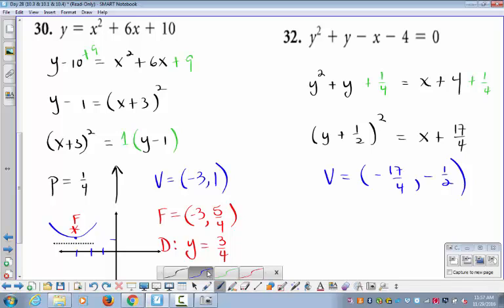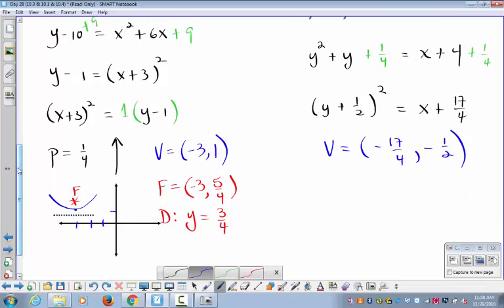Do you prefer decimals? 17/4 is pretty reasonable, isn't it? Not that good. I mean, the problem with decimals is if you have a repeating decimal, then it gets all messy. Yeah, in this case, it's not. That's the way, usually fraction.